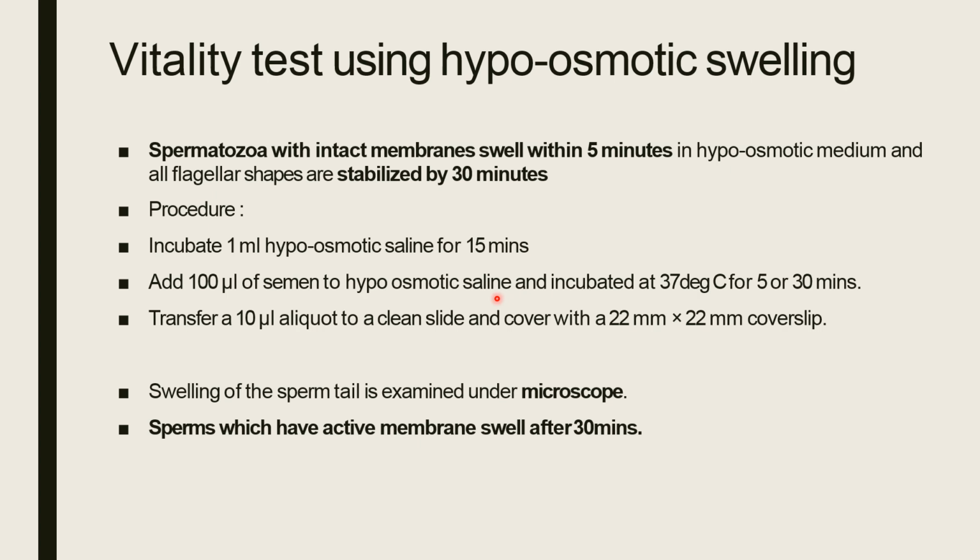So the water would enter into the cells, and we have to incubate it at 37 degrees centigrade for 5 to 30 minutes, and then we have to transfer 10 microliter to a clean glass slide, and then we have to observe it under microscope. So we have to observe the tail.